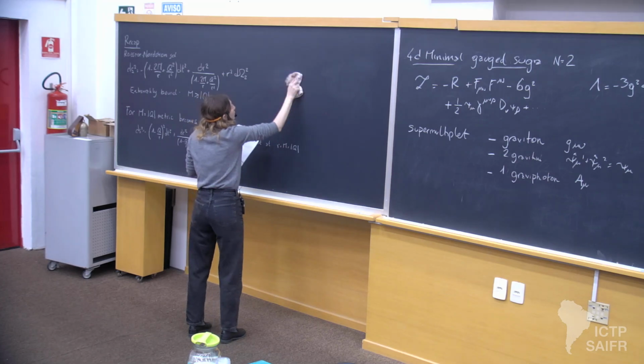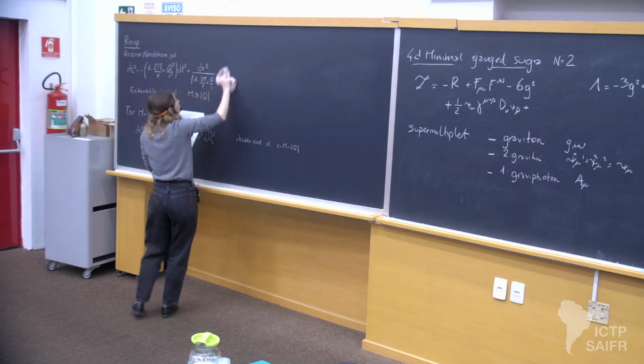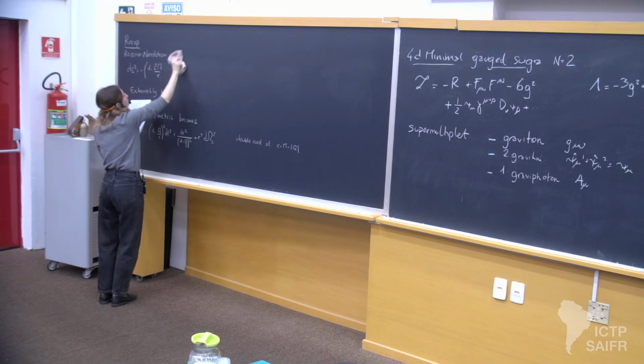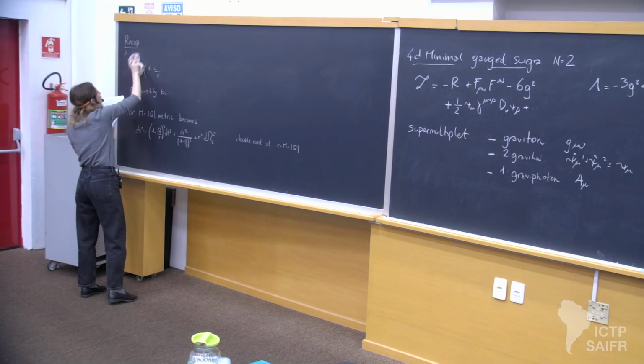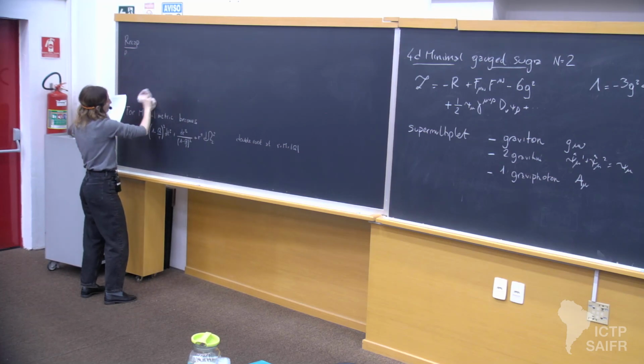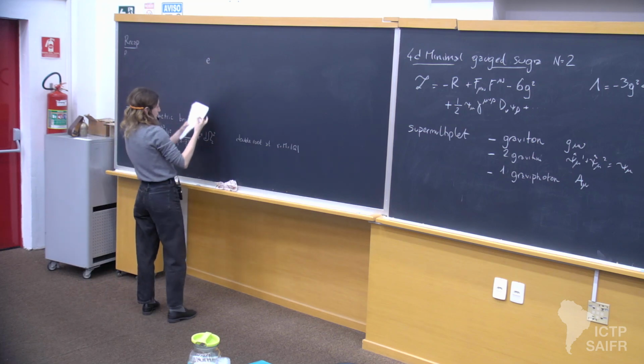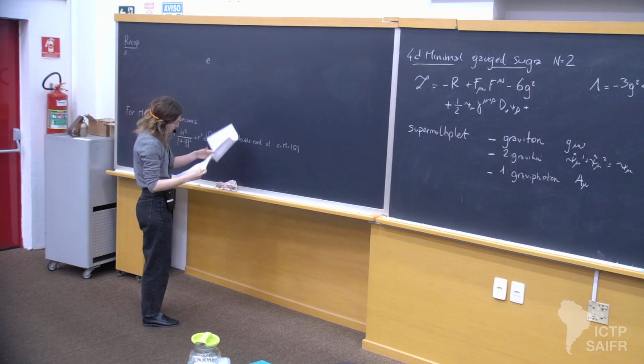They are somehow a bridge between local Lorentz transformations and diffeomorphisms. So the vielbeins are fields that satisfy this equation here.